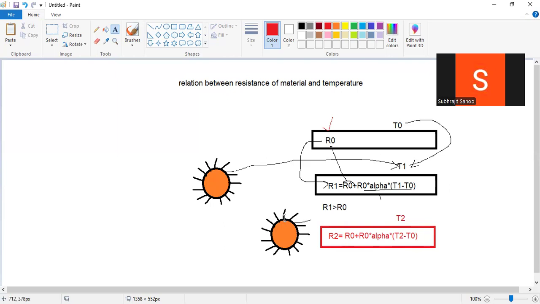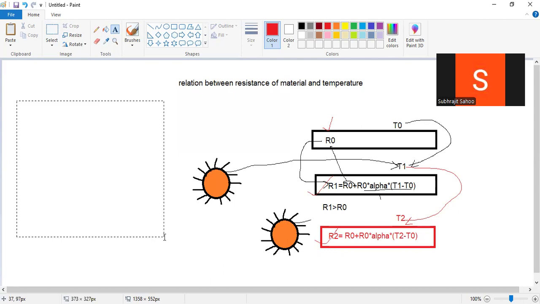Now I want to derive the relation between R1 and R2, or the relation between T1 and T2. Observe, sir, how to derive this relation. Very simple. I got the R1 value, I got the R2 value, right? Now I'm going to derive the relation between T1 and T2 or R1 and R2. Observe here.